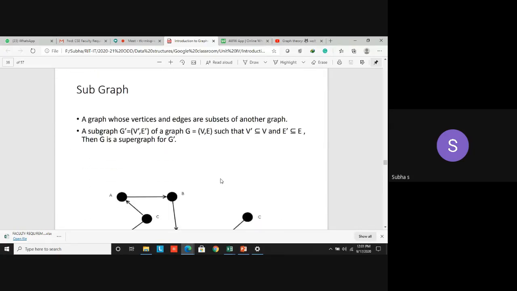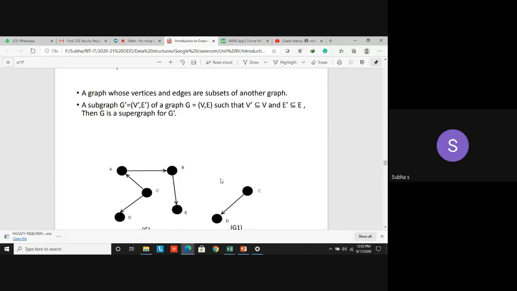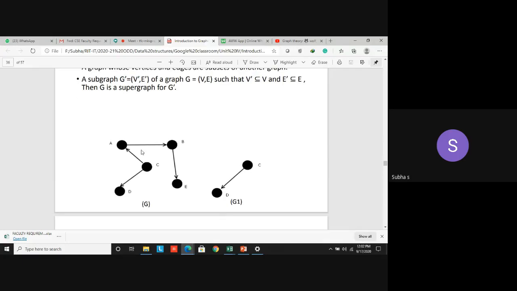Then subgraph, yesterday itself I told, for any graph you can have any number of subgraphs. So this is a complete graph. G is a graph. In that I can make one subgraph, C comma D. That is graph 1. G1 is the subgraph. B comma E, another subgraph. Or A, B, E, another graph. Any other thing possible?